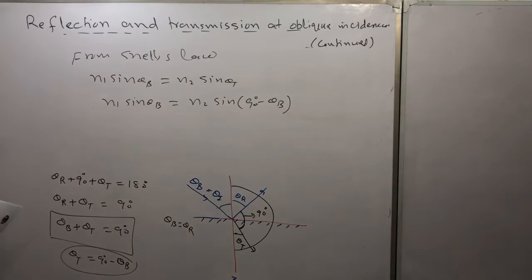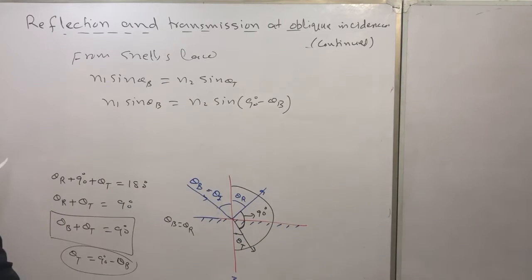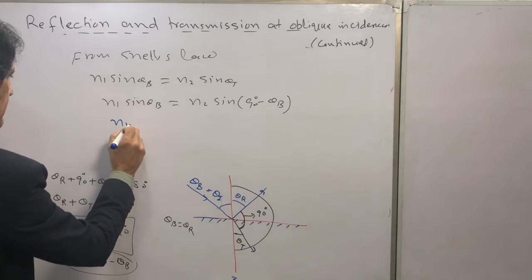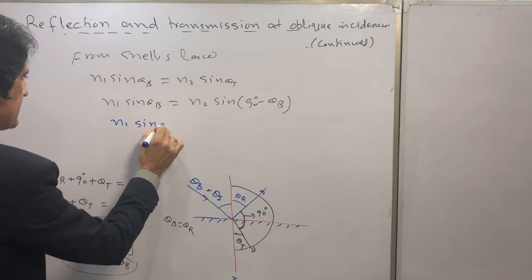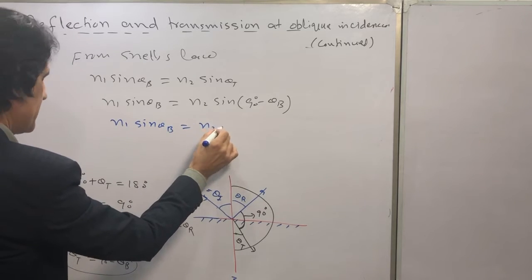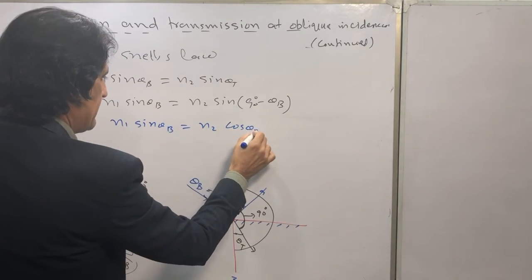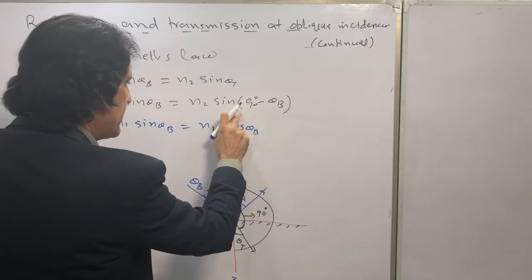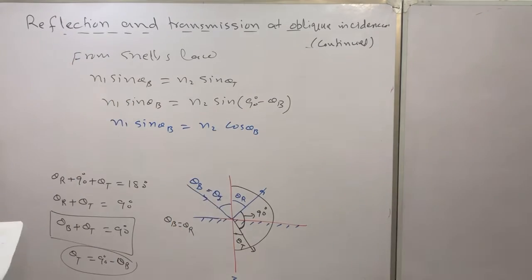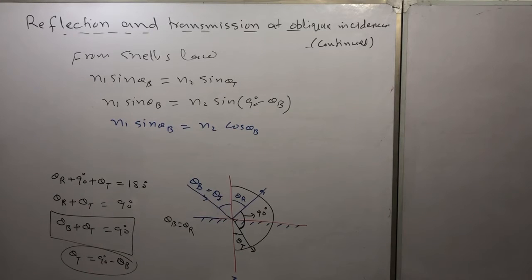And after using this identity, we can get n1 sine theta b equal to n2 cosine theta b.